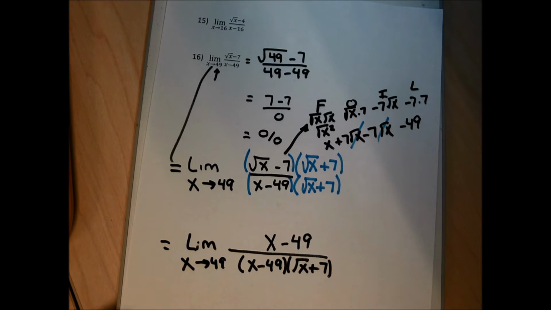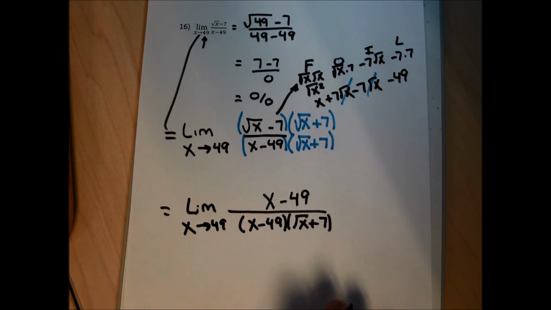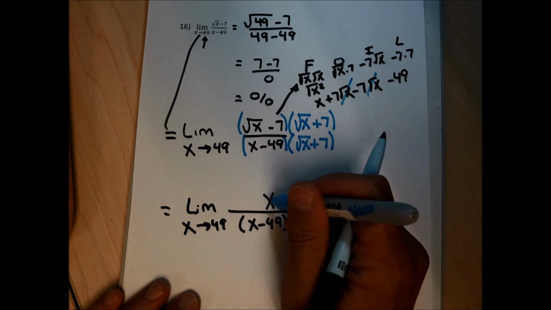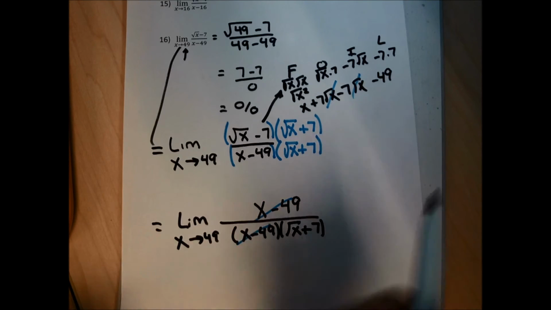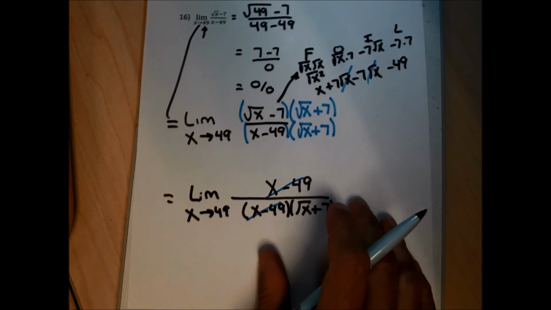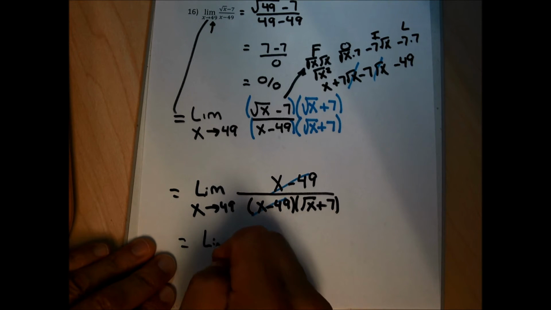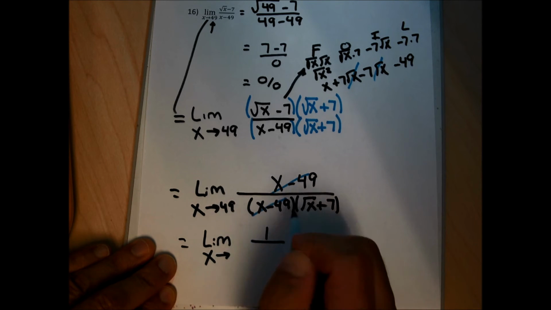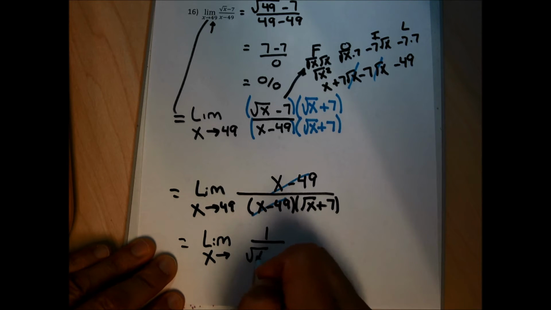That's a good thing because that's going to help me cancel and cause the zeros to disappear when I plug the 49 in. So I'm going to cancel. I've canceled the entire numerator. I can't write a fraction without a numerator, so I leave a 1 behind in the numerator. And in the denominator, I won't need the parentheses anymore.